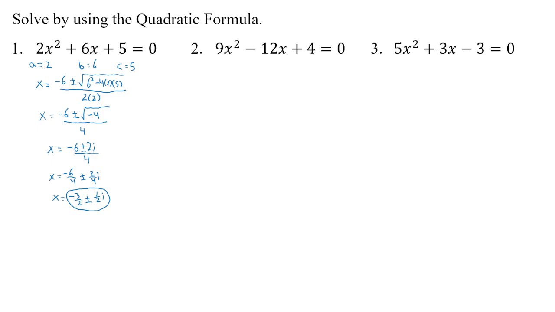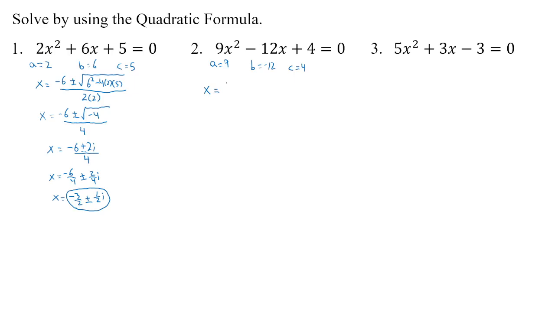Number 2, we have 9x squared minus 12x plus 4 equals 0. a is 9, b is negative 12, c is 4. So now we know what a, b, and c are, we can plug them into the quadratic formula.